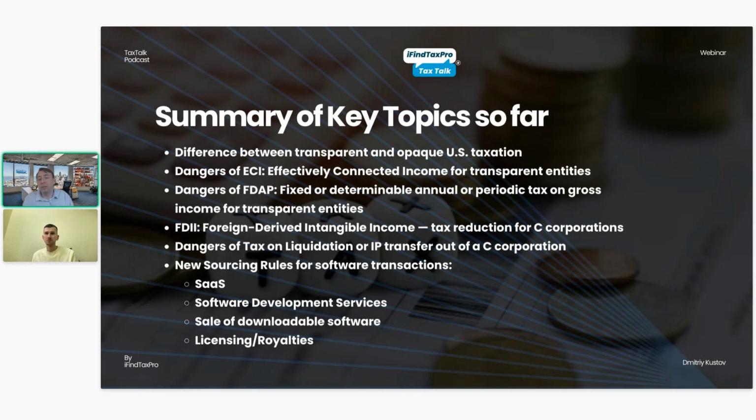They're thinking about it, but you know how it works, very slowly. We'll see what happens, but for now it's a big minus for a C corporation, because you pay tax in the US, cannot deduct expenses, and startups mostly do R&D.